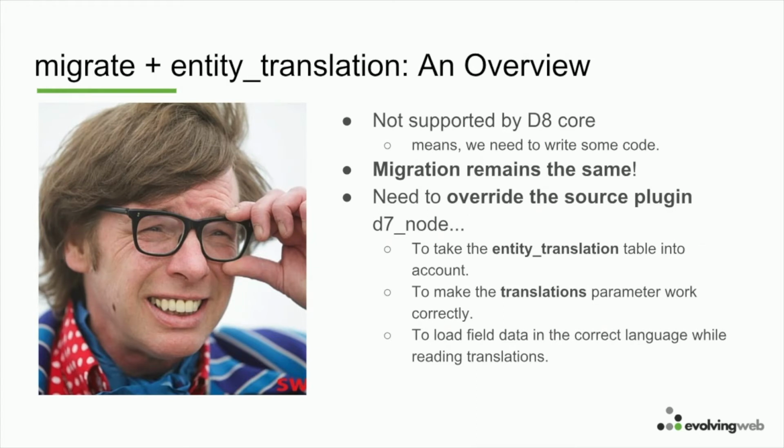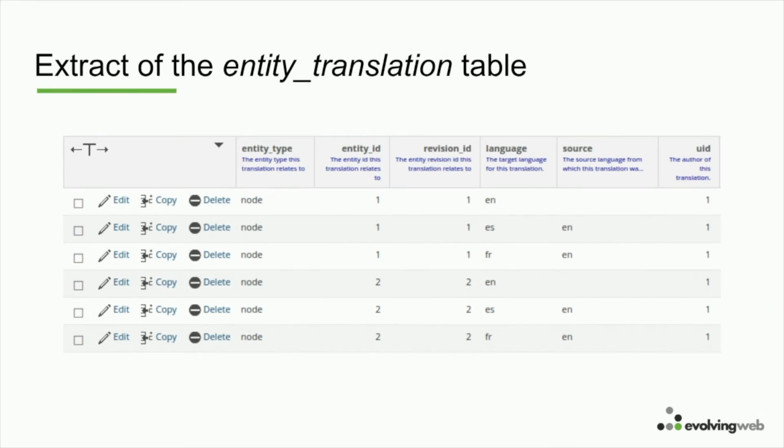Okay, so this is how the table for entity translations looks in Drupal 7. As we saw earlier, we were getting different nodes for different translations, but in entity translations, the node remains the same. We do the translations at the field level.